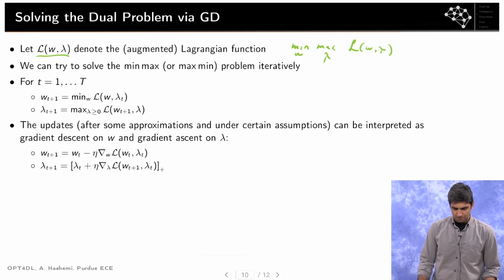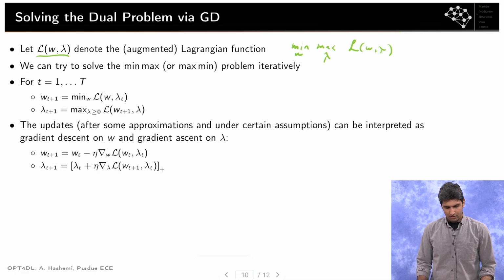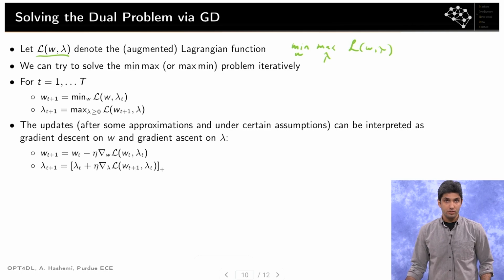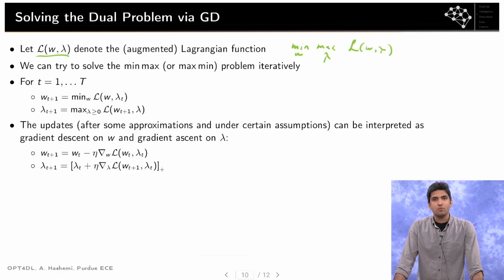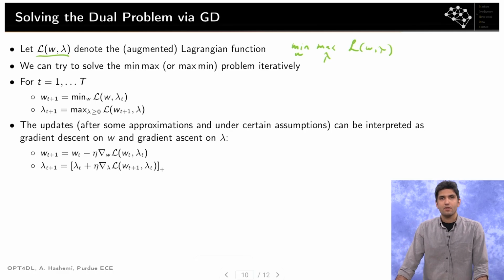So in particular, for t iterations, let's say we have some solution Wt and lambda t, we minimize the Lagrangian and then find the next solution. Okay, so joint minimization with respect to both W and lambda could be challenging in a lot of scenarios, and could be infeasible to do in general.